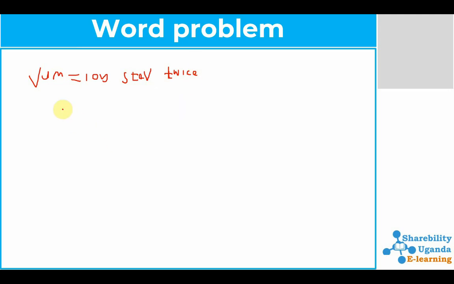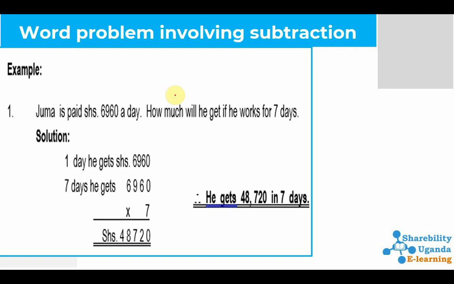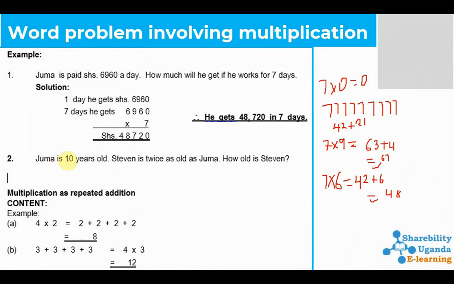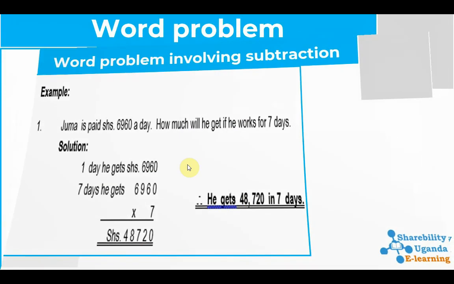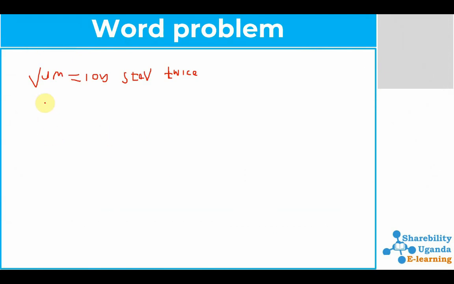So here when they say Juma is 10 years old, then Steve is twice as old as Juma. Then they want us to find how old is Stephen. Twice means 2.